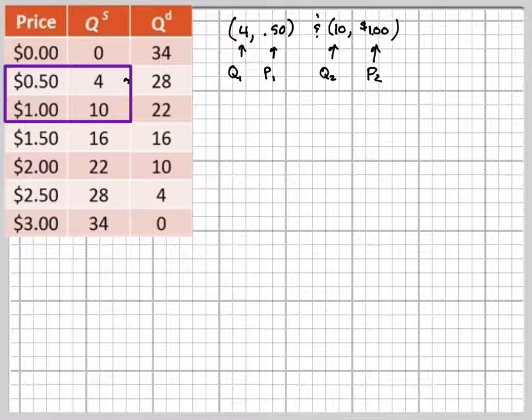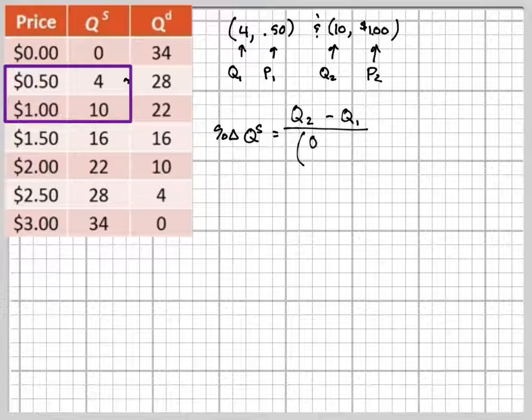So then let's do the percentage change in quantity supplied. So the percentage change in quantity supplied is equal to Q2 minus Q1 divided by Q2 plus Q1 over 2.